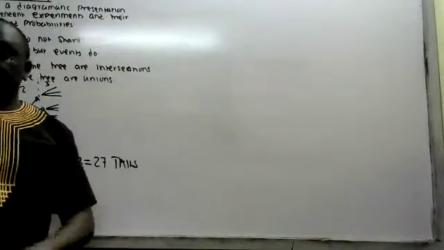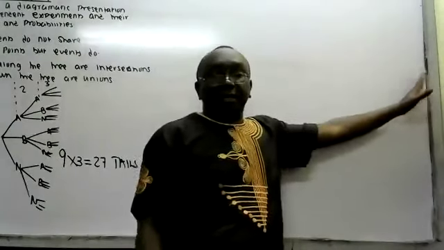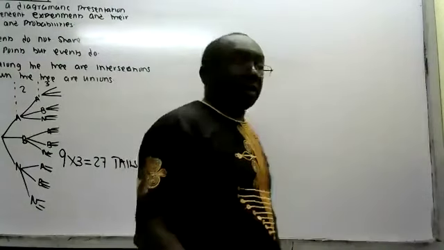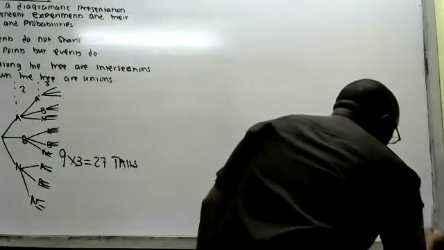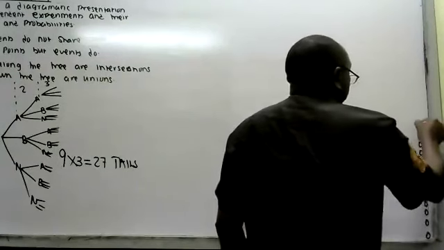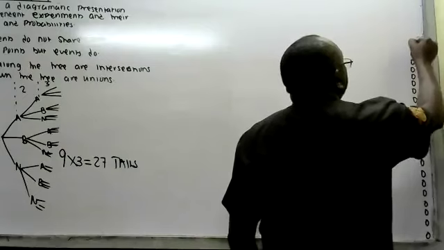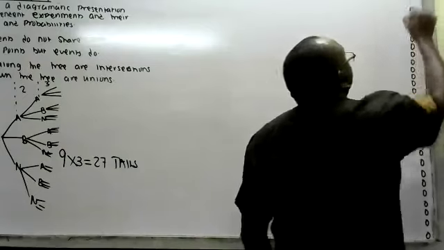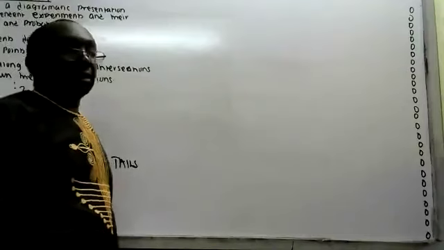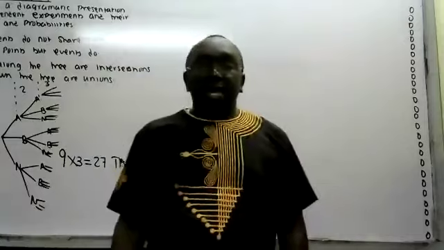On the fresh page, you go to the end of the page and draw 27 tails, small circles, like this: 1, 2, 3, 4, 5, 6, 7, 8, 9, 10, 11, 12, 13, 14, 15, 16, 17, 18, 19, 20, 21, 22, 23, 24, 25, 26, 27. So you draw 27 tails that way.